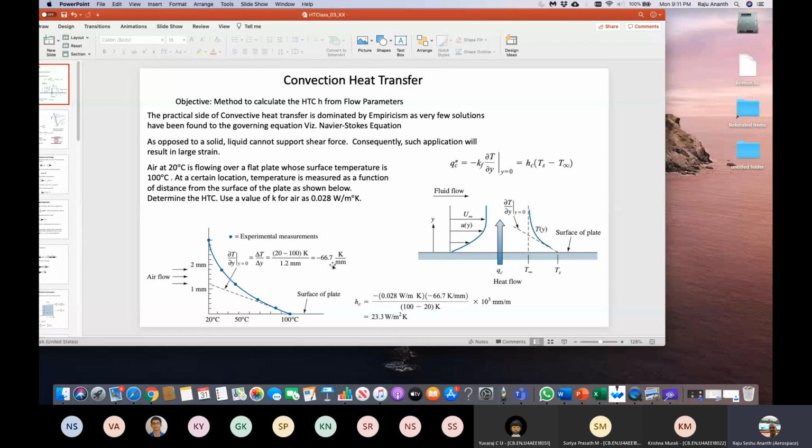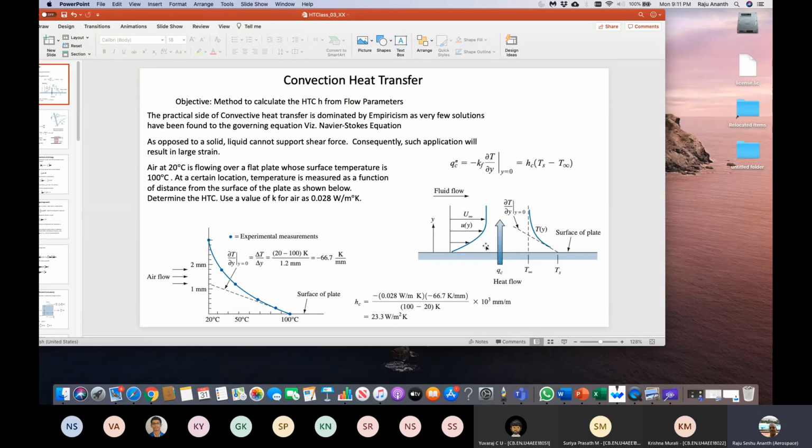So I get about 66.7 Kelvin per millimeter. That's my slope at y equal to 0. And I'm applying that 66.7 Kelvin per millimeter, and then k is in W per meter Kelvin, so I need to get the right units, 1,000 millimeters per meter. So applying that scale factor, I get the heat transfer coefficient is like 23.